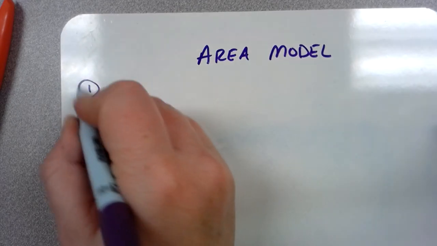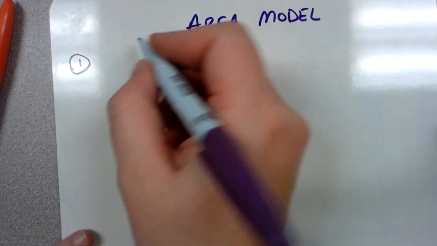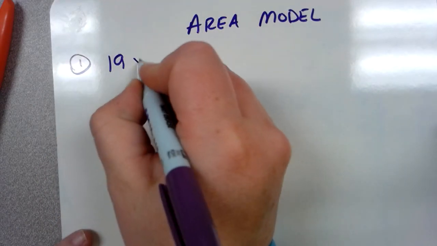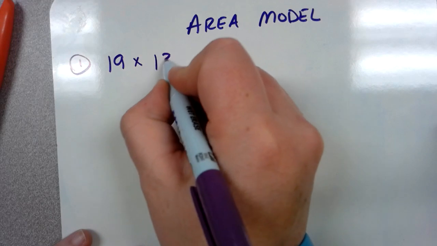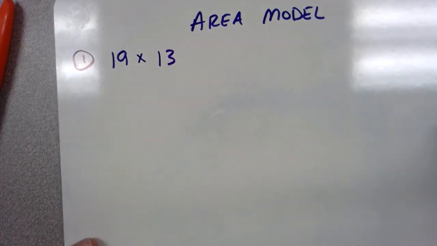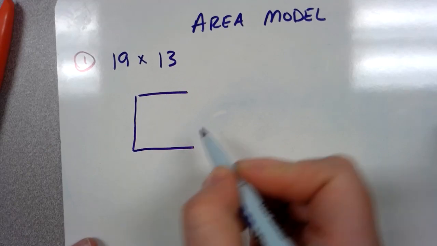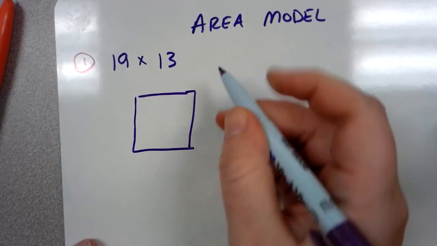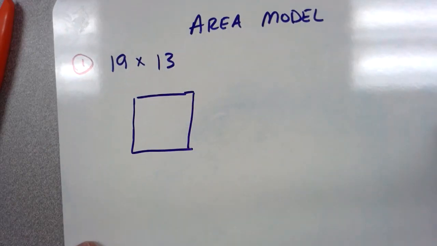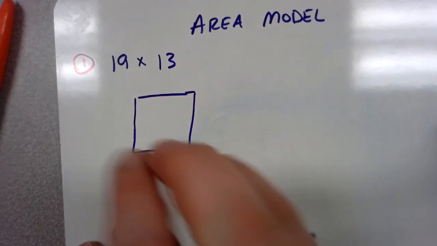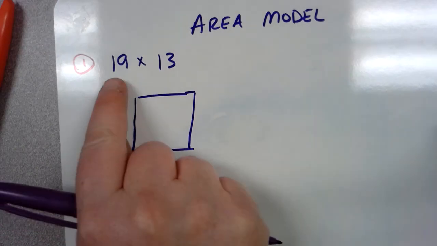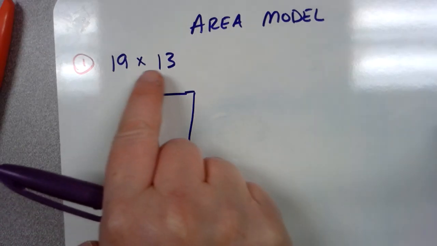Okay, number one, let's just think of 19 times 13. So the very first thing I'm going to do is I'm going to draw a square. And to know how many partial products you're going to have, it's just how many numbers you have. 1, 2, 3, 4.